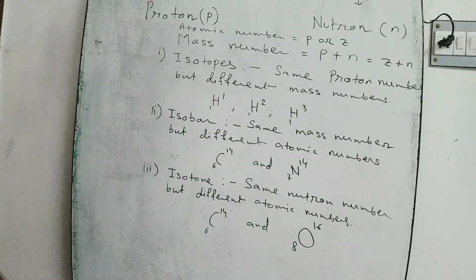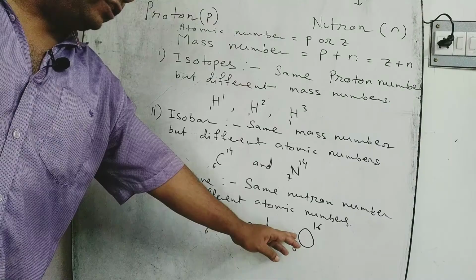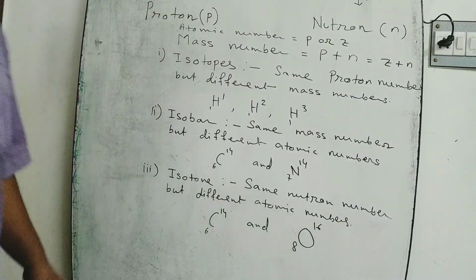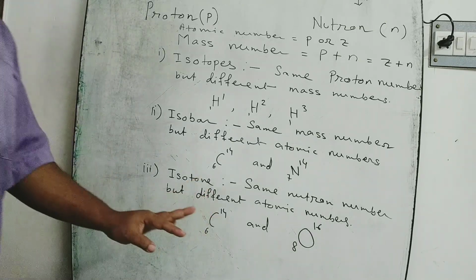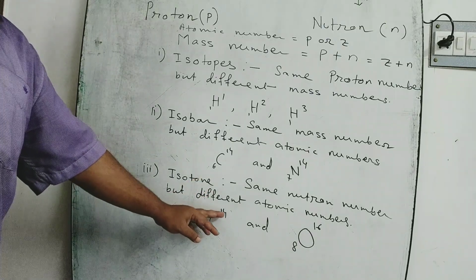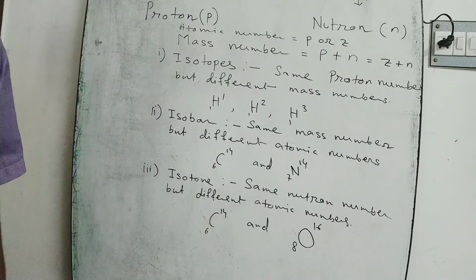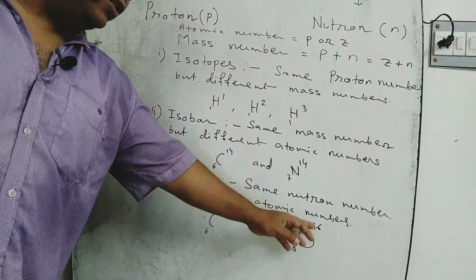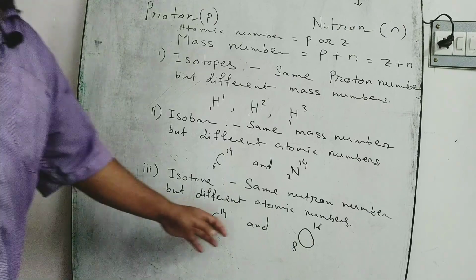Examples of isotones are carbon 14 and oxygen 16. They have the same neutron number, that is, C14 has 8 neutrons and oxygen 16 has 8 neutrons. That's why they are isotones.